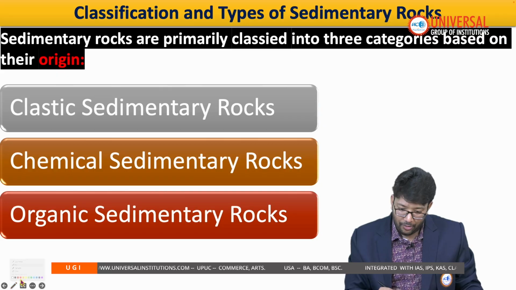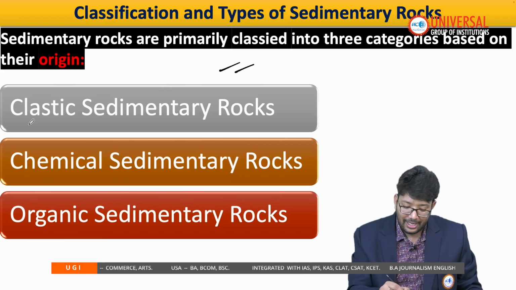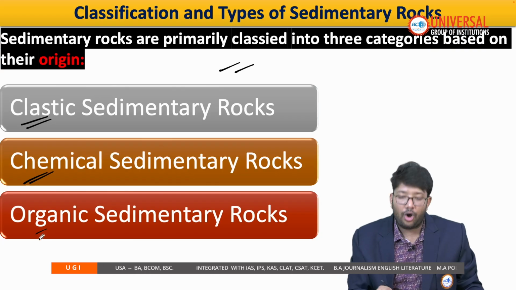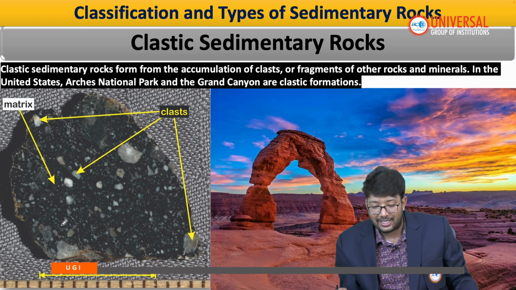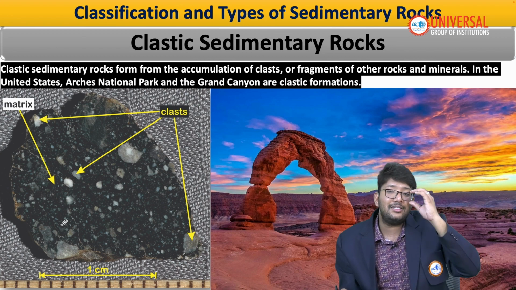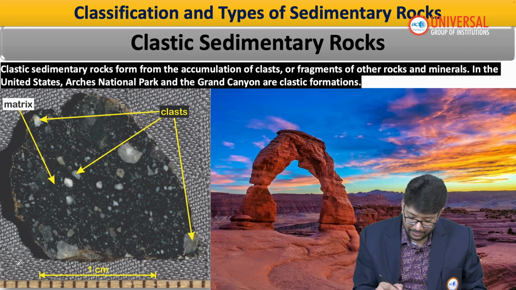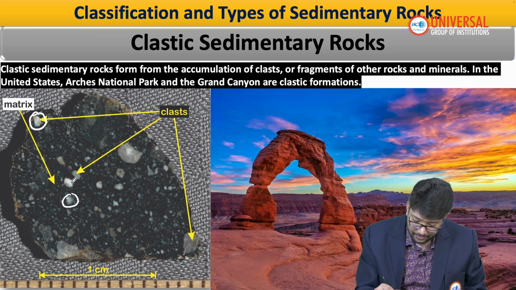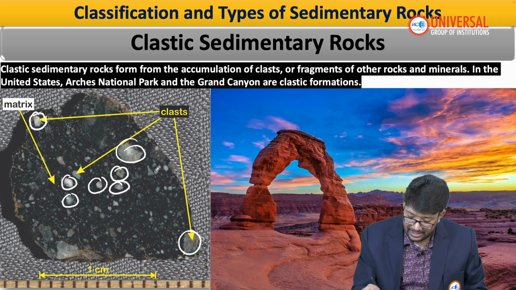If we talk about the classification and types of sedimentary rocks, there are three: clastic, chemical, and organic sedimentary rocks. So first, if we talk about the clastic sedimentary rocks, what are clasts? These are clasts.